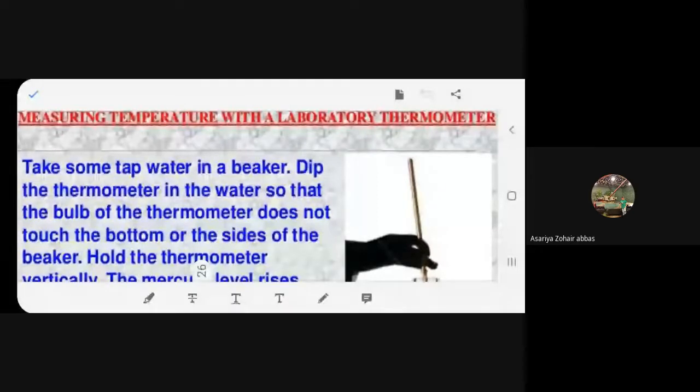Can you hear me? Then read. If you can hear me, why aren't you reading? Take some tap water in a beaker. Dip the thermometer in the water so that the bulb of the thermometer does not touch. It's not deep, it's dip. You read it like this.